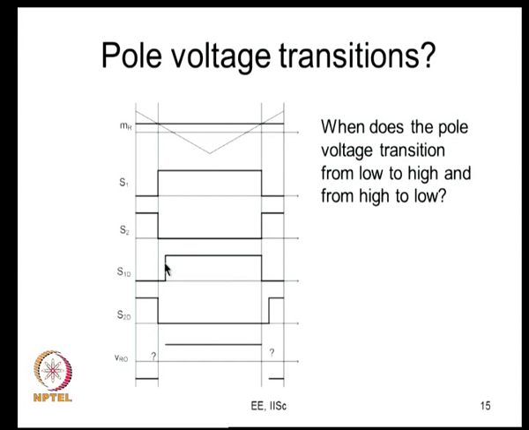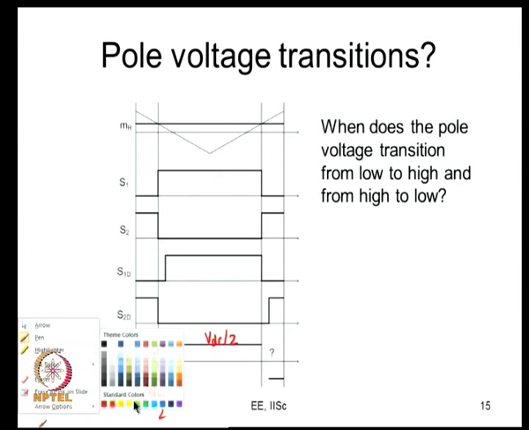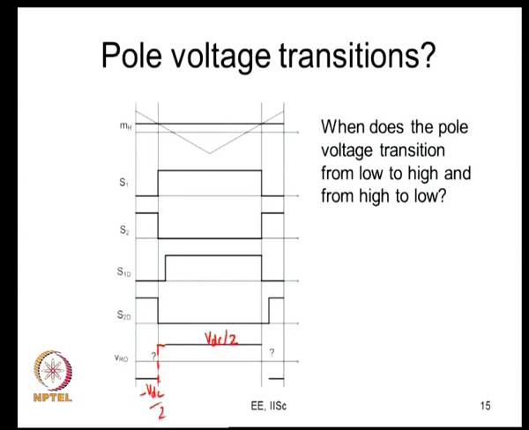So, I do not know, VRO is initially minus VDC by 2, that part is very clear, and then it becomes plus VDC by 2, that is also clear. The problem is, when does it switch? Does it switch at this instant, or does it continue to be negative for a while and switch here?